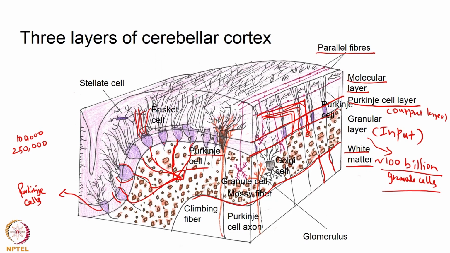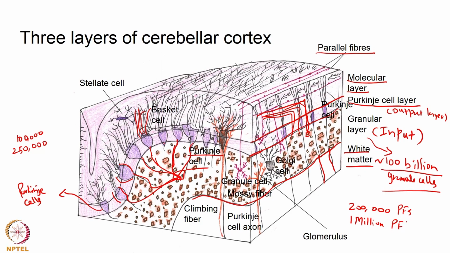What is actually happening is that there are 100 billion granule cells, and each Purkinje cell receives input from 200,000 to 1 million parallel fibers. That is a large number. These are not all shown for illustration purposes.